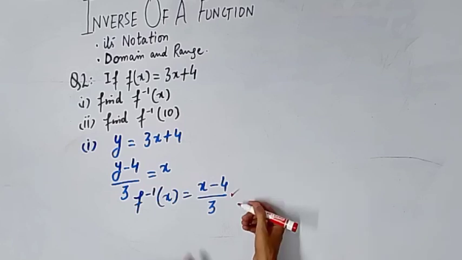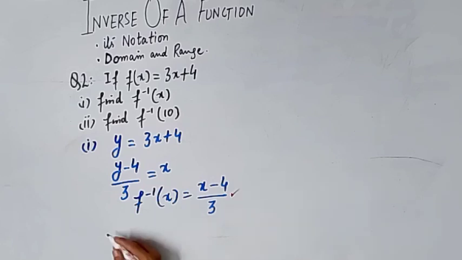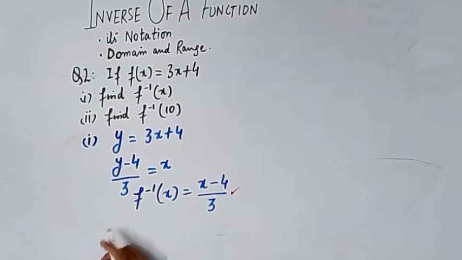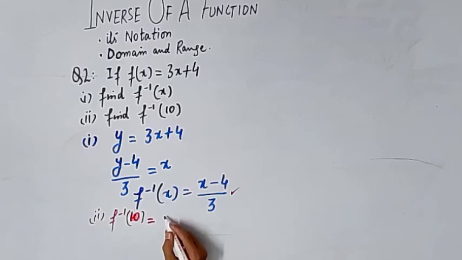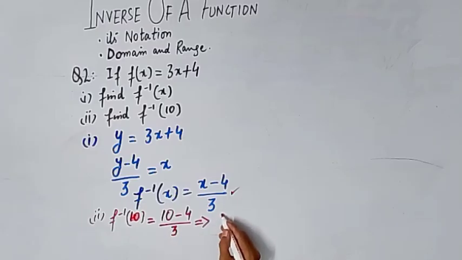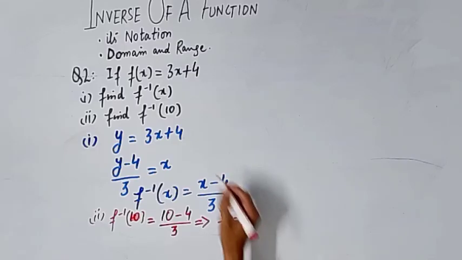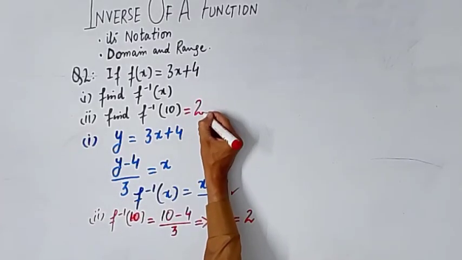So in part 2, in the f inverse function, you need to put the value 10 in place of x. So where is x? X is over here. So (10 minus 4) upon 3. So you will get 10 minus 4, 6. 6 upon 3, 2. So the answer of this is 2.